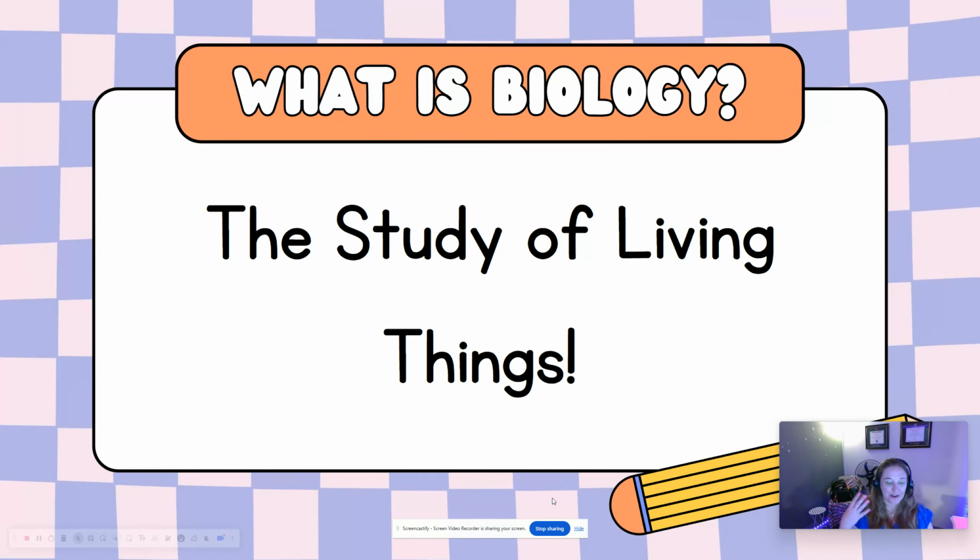Also, studying their interactions within groups like a population and a community and an ecosystem. So the spread of what biology covers is kind of large, and you are in one of those introductory classes. So it's like we're doing a little taste of each part of biology.